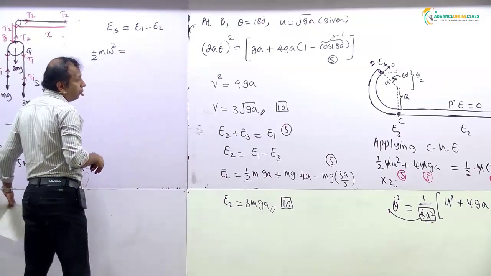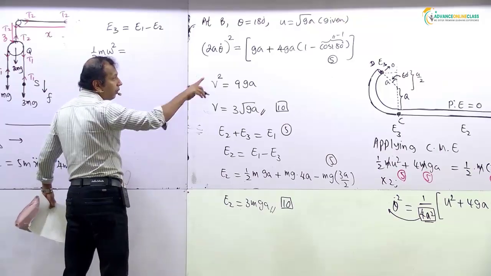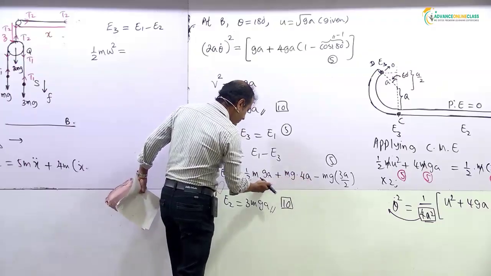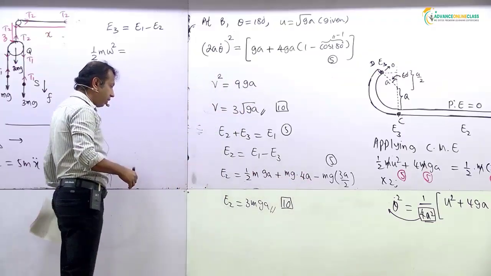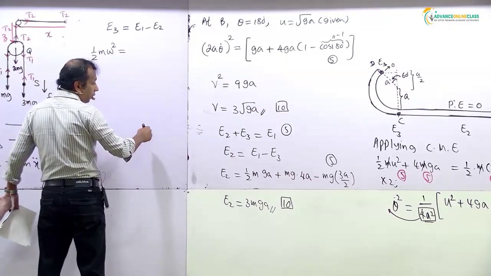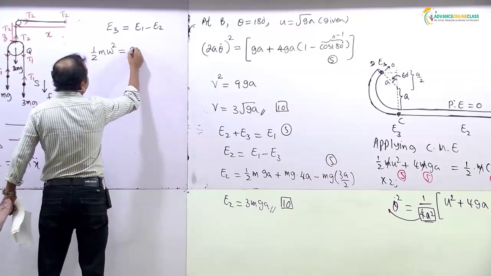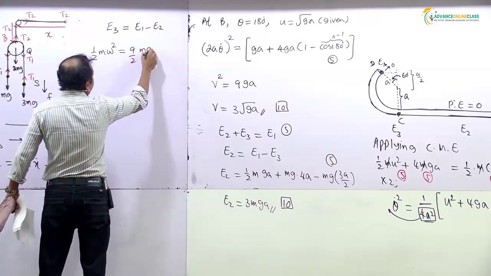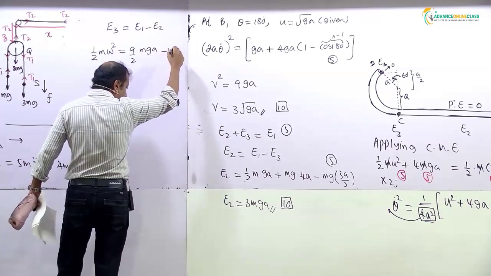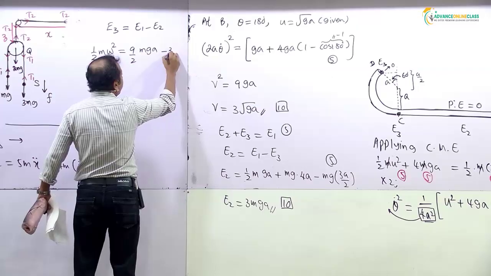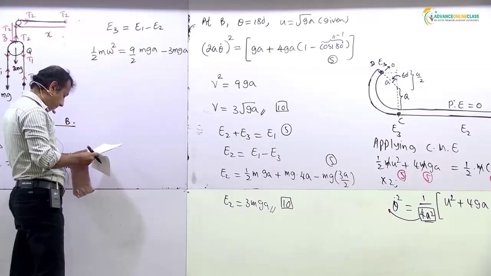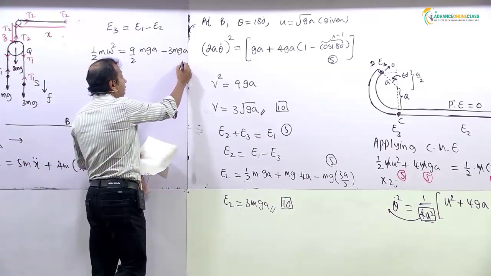E1, we know it is this energy. What is that? 9 by 2 mga, right? Okay, minus E2, 3 mga. Here we get 5 marks.